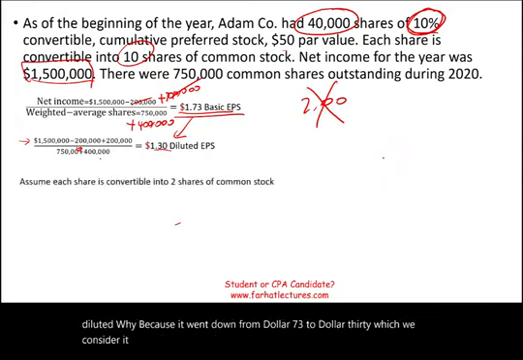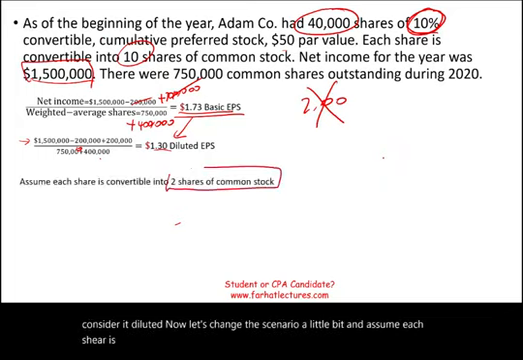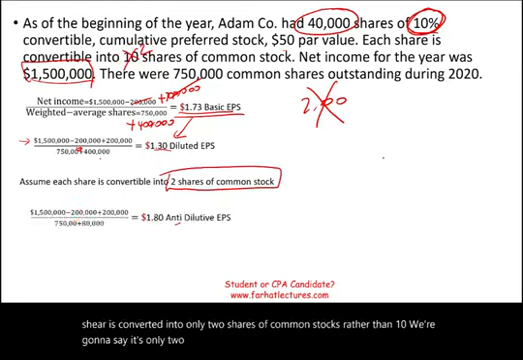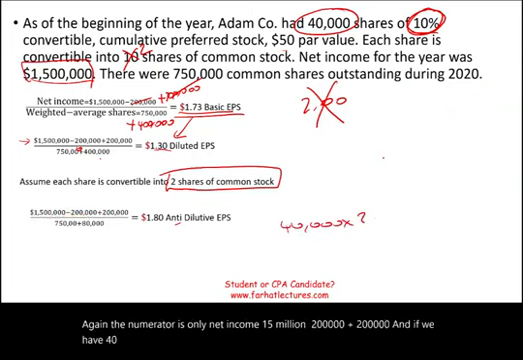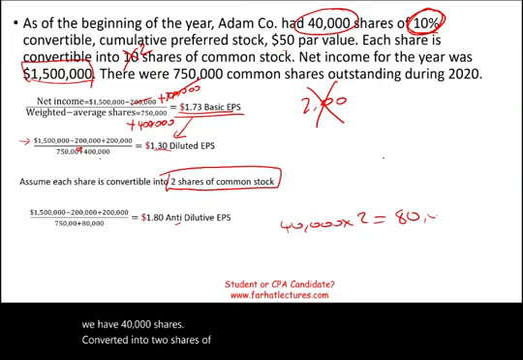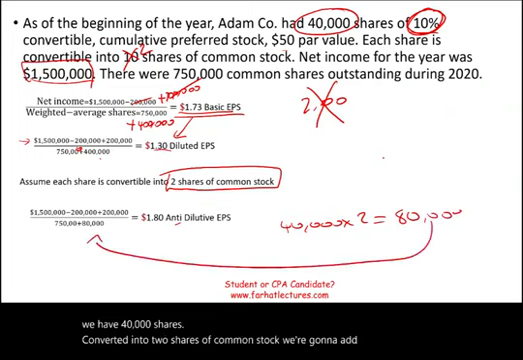Now let's change the scenario a little bit and assume each share is converted into only 2 shares of common stock. So rather than 10, we're going to say it's only 2 shares. Let's do the computation again. Again, the numerator is only net income, 1.5 million minus 200,000 plus 200,000. And if we have 40,000 shares converted into 2 shares of common stock, we're going to add to the denominator 80,000 shares.